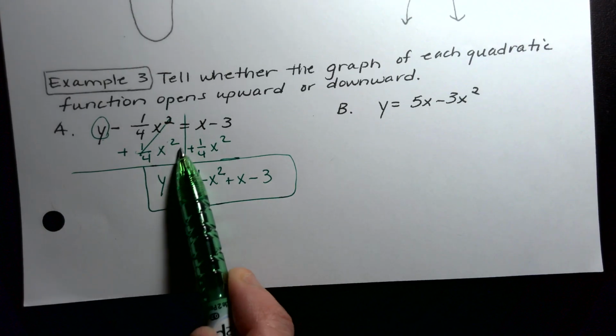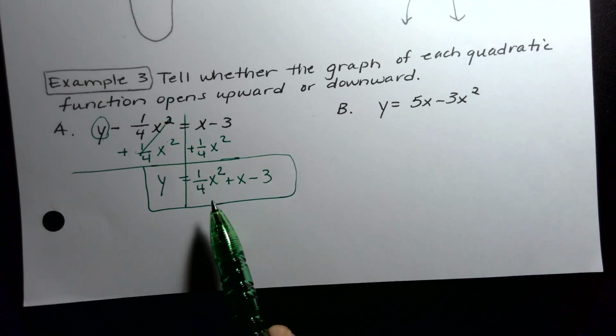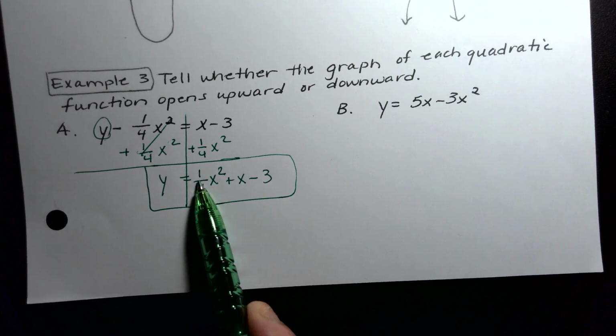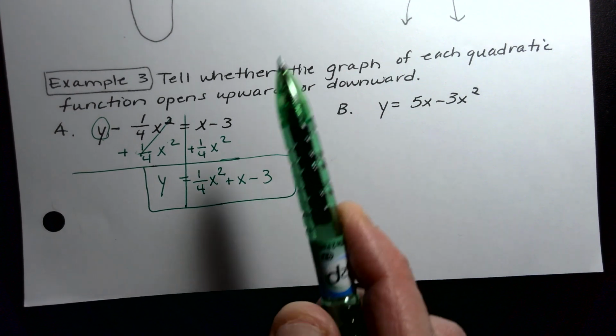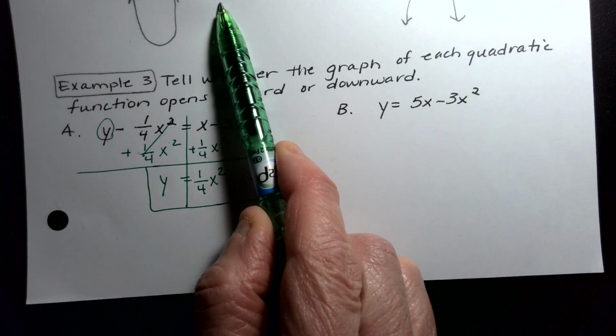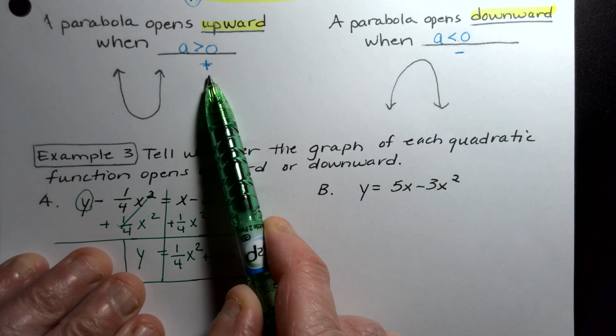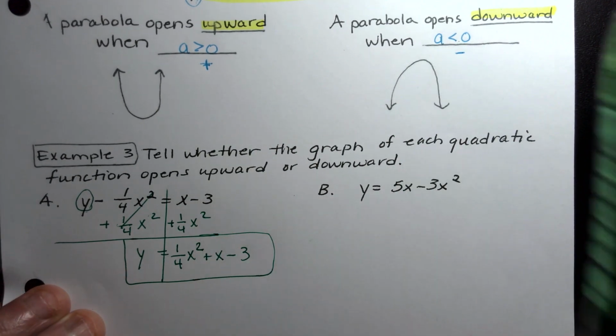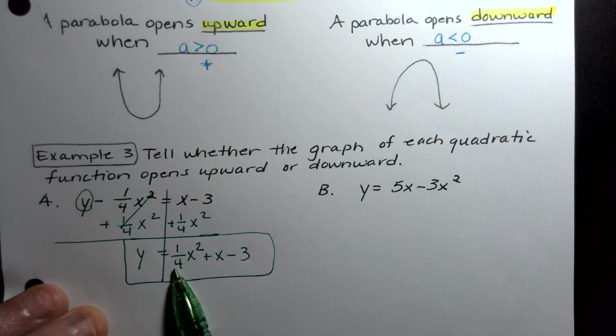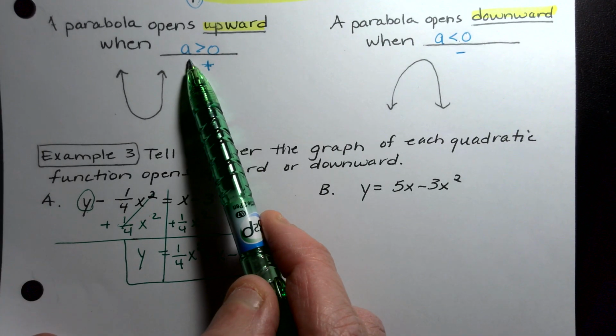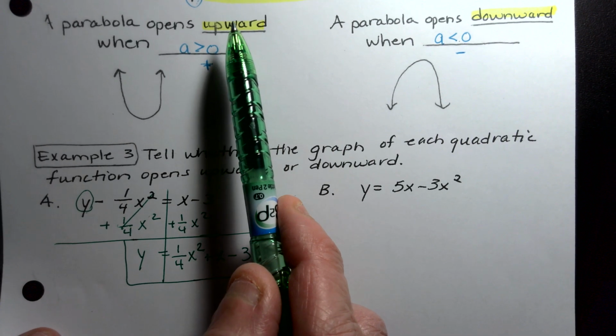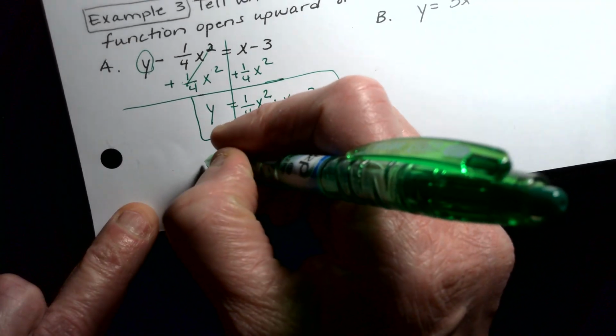So I have to move it all together. So when I do that, I can now look at what is before the x squared. It's 1/4. Is that a positive? Is that something bigger than 0? Or is it a negative? Is it something less than 0? Obviously, it's positive, right? So we know then that this graph is going to open upward.